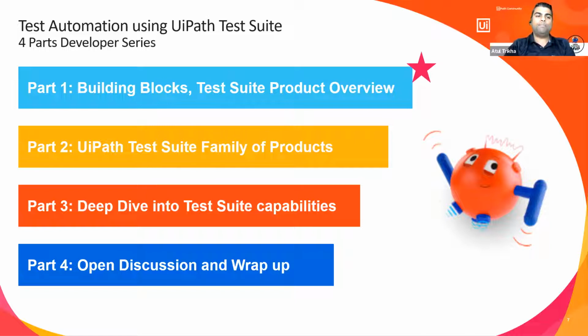We will do a deep dive into the test suite capabilities, and at the last session, we will open for discussion and wrap. Part number 3 is going to be totally technical with a hands-on exercise. In part 2, we will be setting up all the environment so that it can help you with the assignments and practice for part number 3. So we have a lot to cover. Without any delay, let's kick off our session for today.